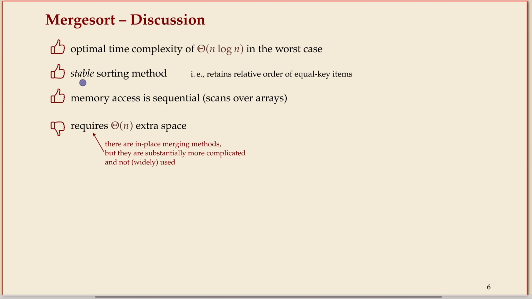It happens to be a stable sorting method. That's something we haven't talked about. Stable means if you have elements that compare equal. So A and B, A is less or equal B, and B is less or equal A, which you could say A and B are equal. That can happen even though the things are not identical.